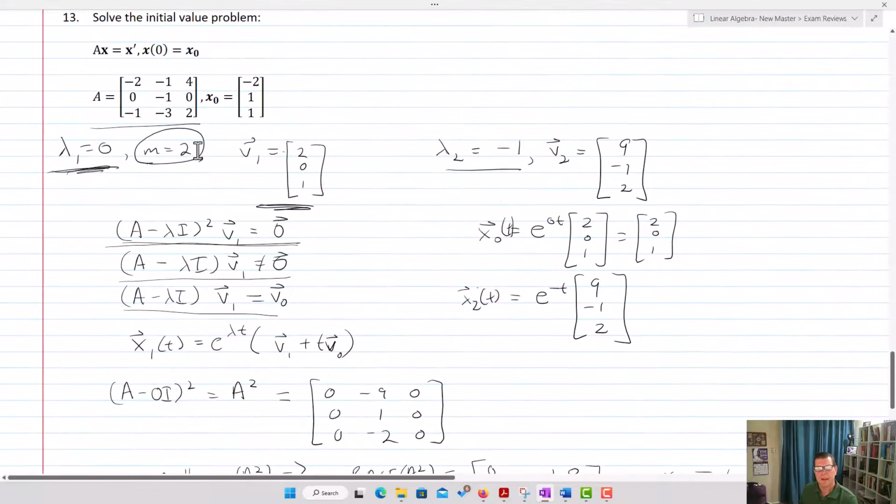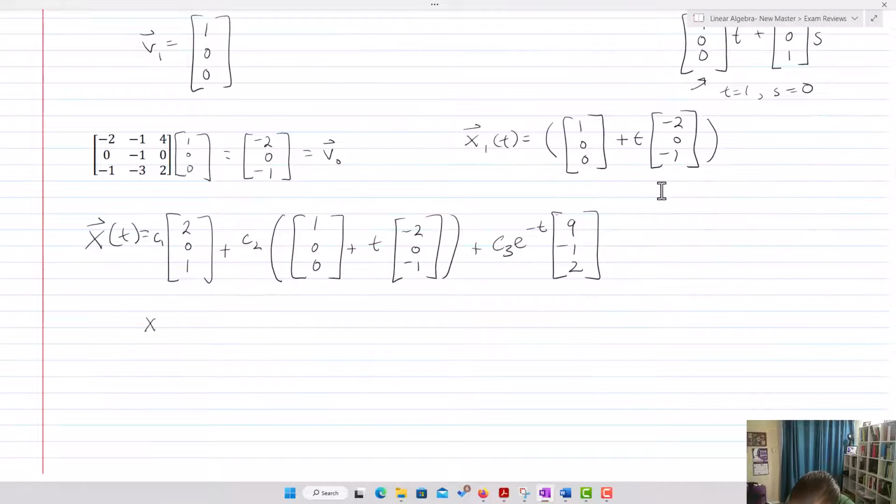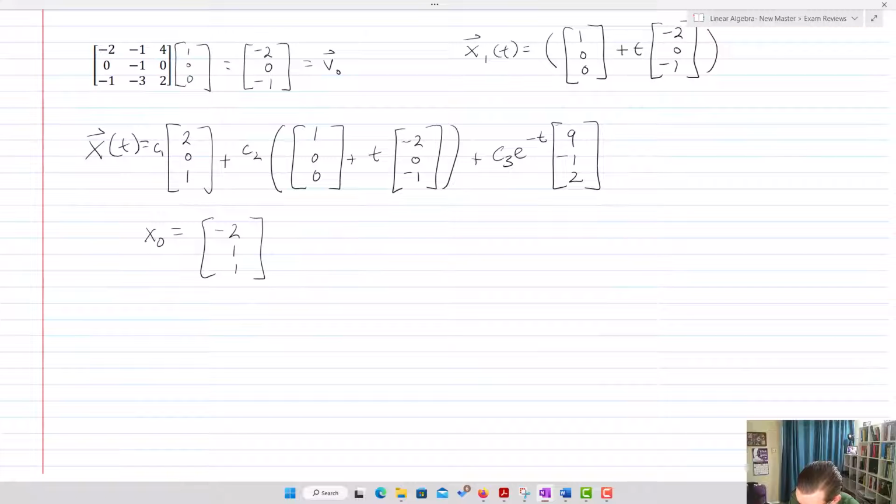Great. Now all I've got to do is figure out what those coefficients are. So x naught is equal to negative 2, 1, 1. When I plug in 0 for t, what do I get back?